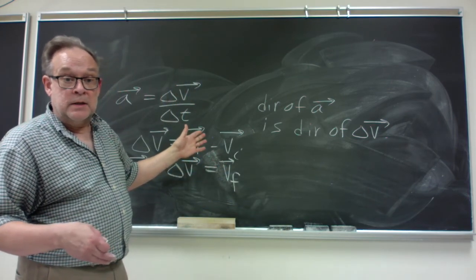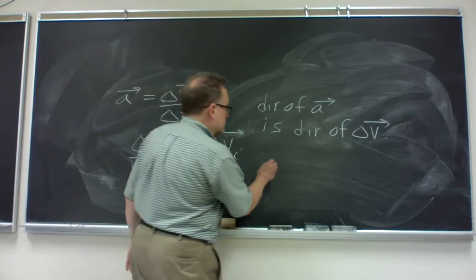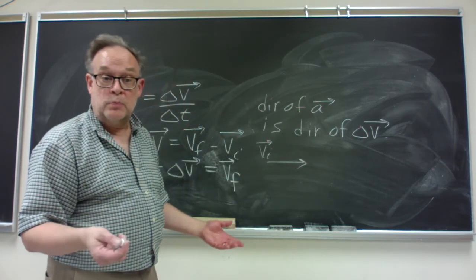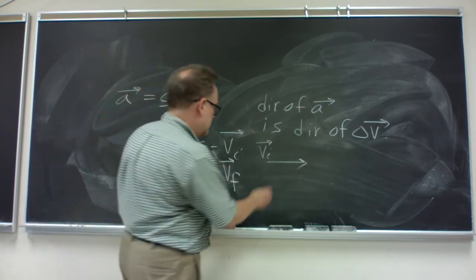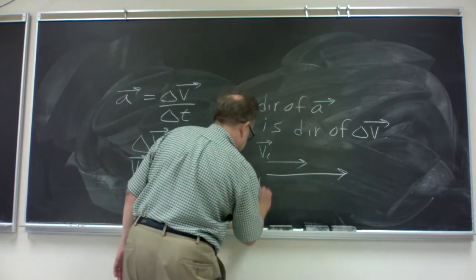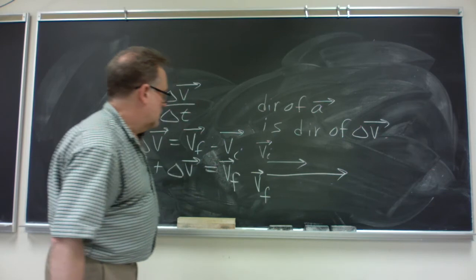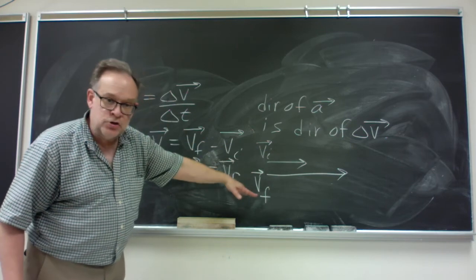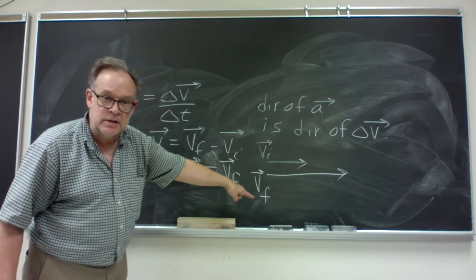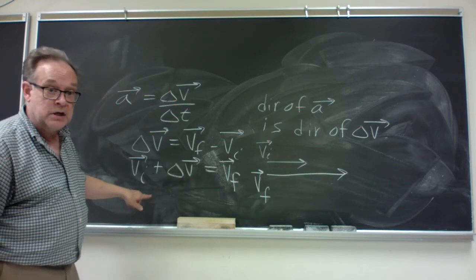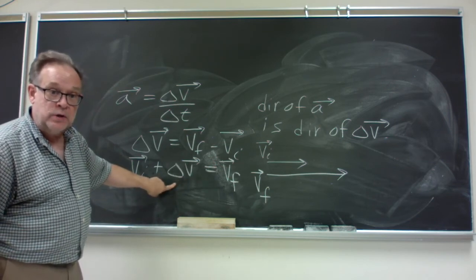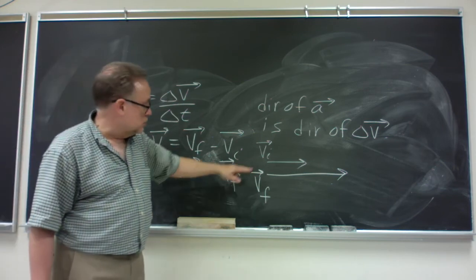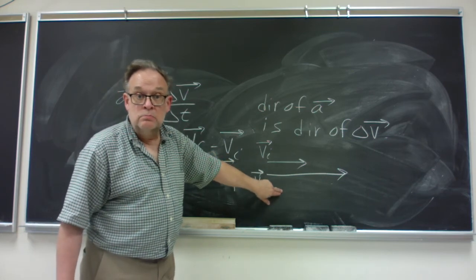So when something is speeding up, the arrow that represents the initial velocity is shorter, and the arrow that represents the final velocity has to be longer. What we're doing is really something like this. Now, when we have this picture that compares the initial smaller velocity to the final bigger velocity, we ask ourselves, what extra velocity do we have to add to the initial velocity in order to change it to this final velocity?